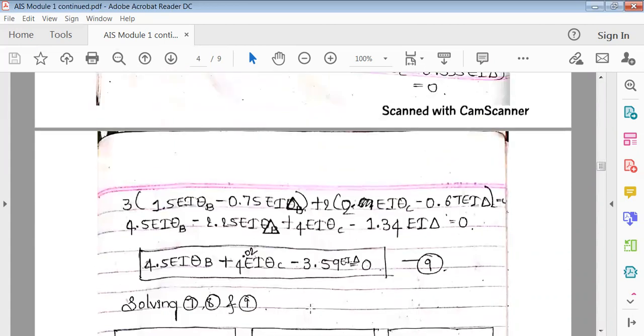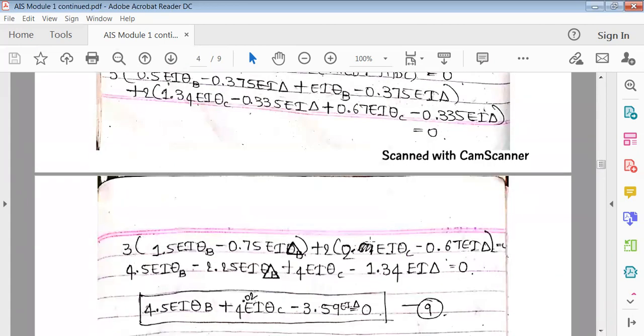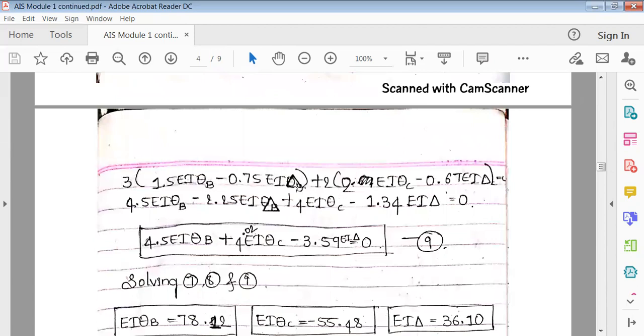Now solve the inside terms first, in such a way that first theta b and delta, here also theta c and delta, then multiply by 3, and the inside portion multiplied by 2.